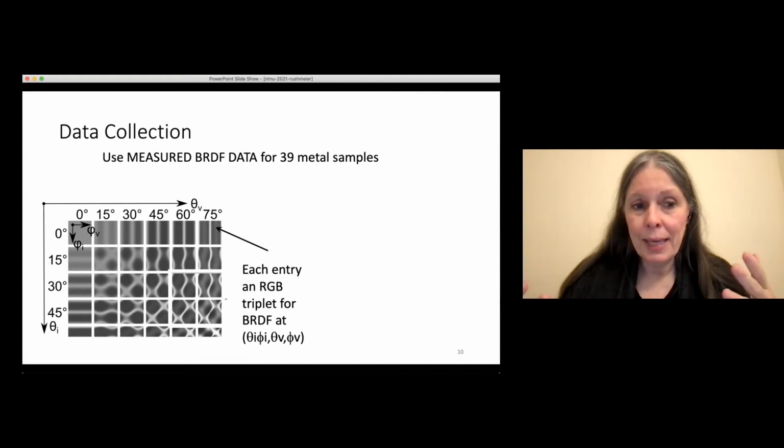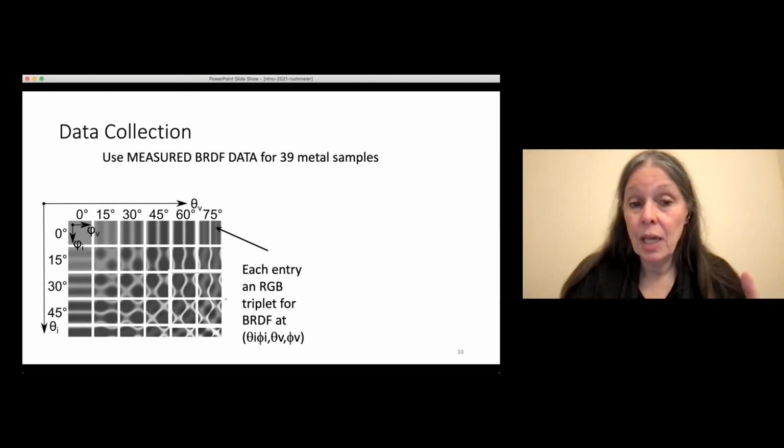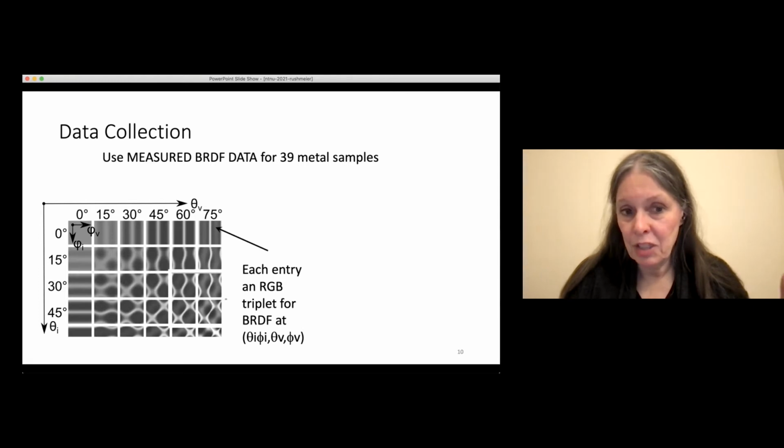And that means basically for each material, we have this 4-dimensional table that you can think of as a 2-dimensional table of the elevation of incident light and the elevation of viewing, and then within each, the azimuth of the incident light and the azimuth of the viewing direction.